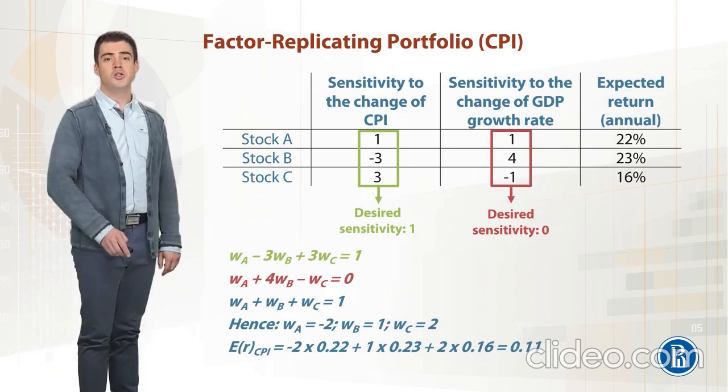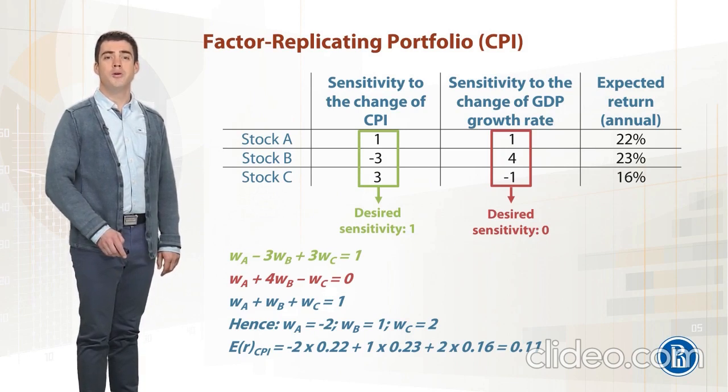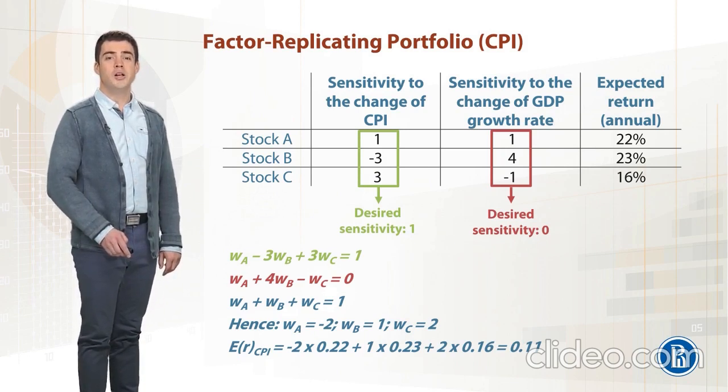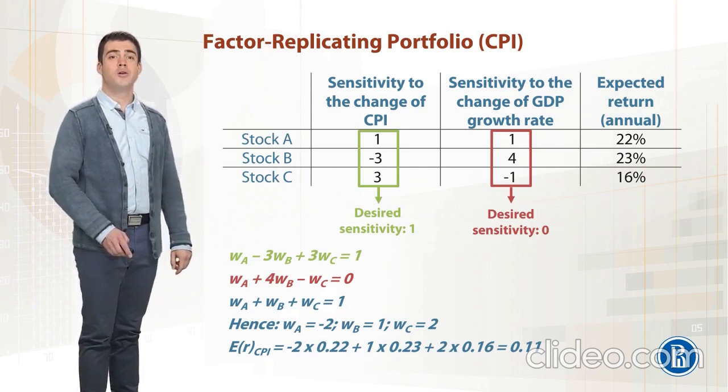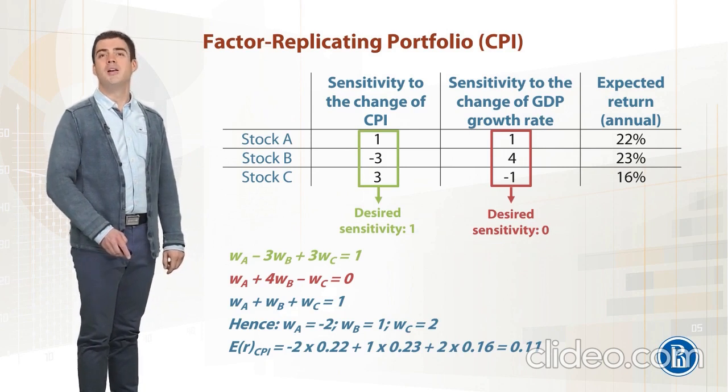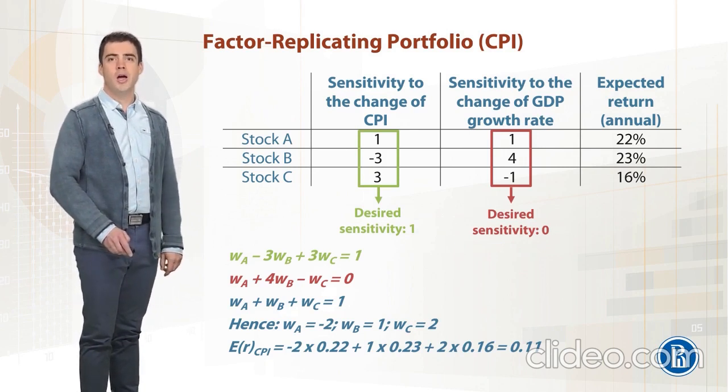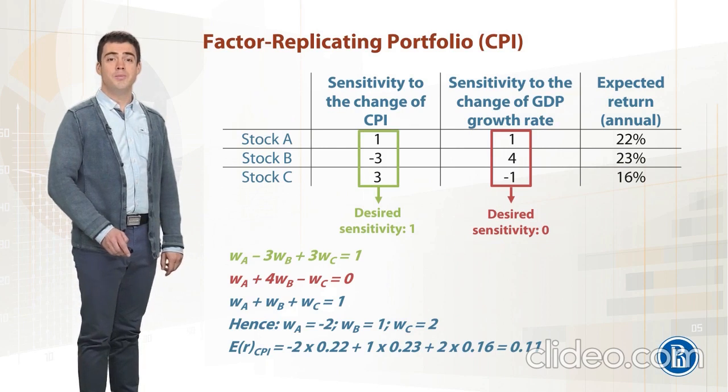On the first stage, let's replicate the pure tracking portfolio for CPI, which can be defined as the portfolio which has unit sensitivity to the change of the consumer price index and no sensitivity to the change of the GDP.